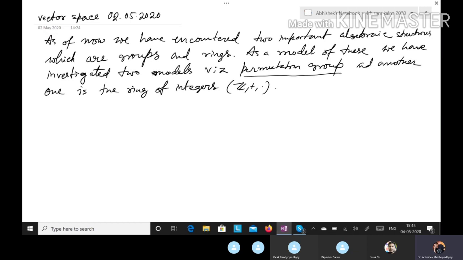Linear combinations, that is, just having a point and its multiple and then adding it to another point in our space. So this is very basic. This kind of construction can be achieved in this algebraic structure.